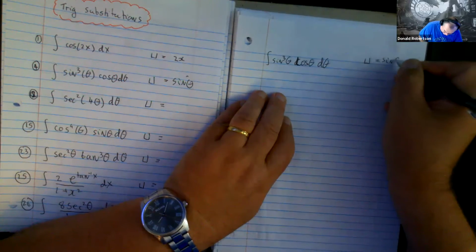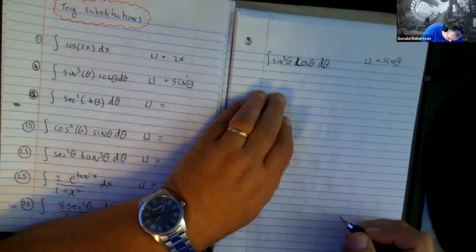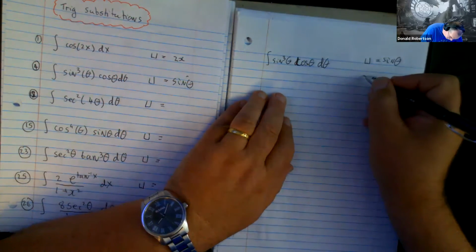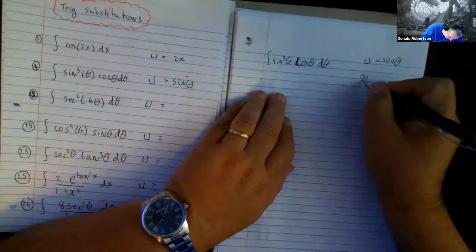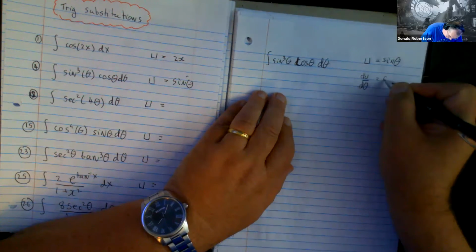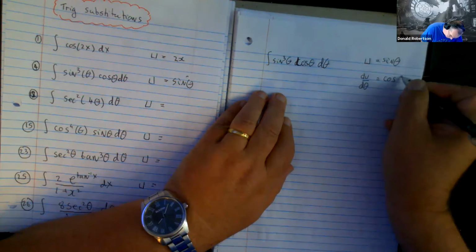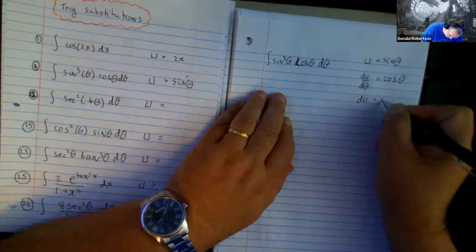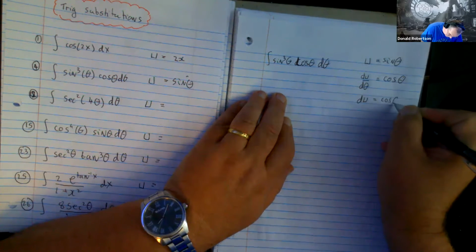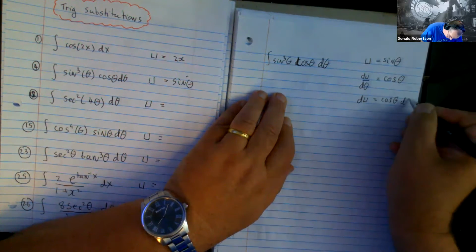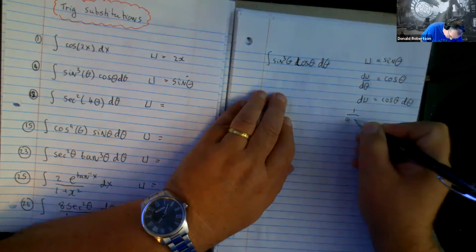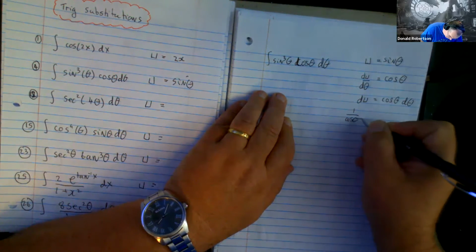Make your substitution for that: u is sine theta. Now we'll do the derivative with respect to theta, do the crossover, and isolate d theta by dividing both sides by cosine theta.